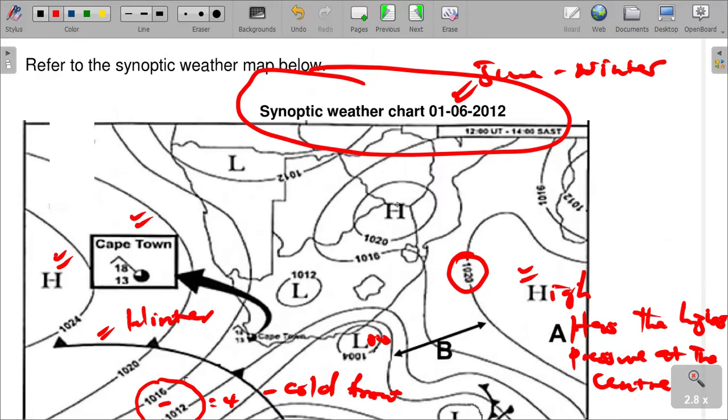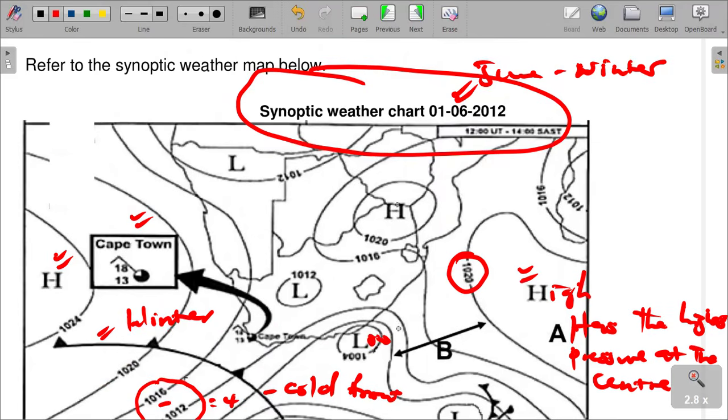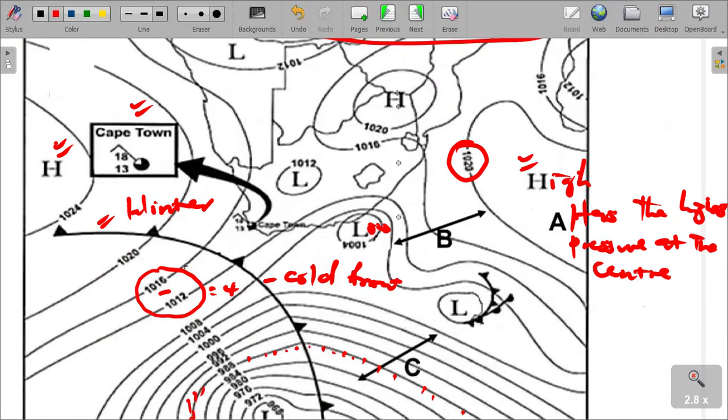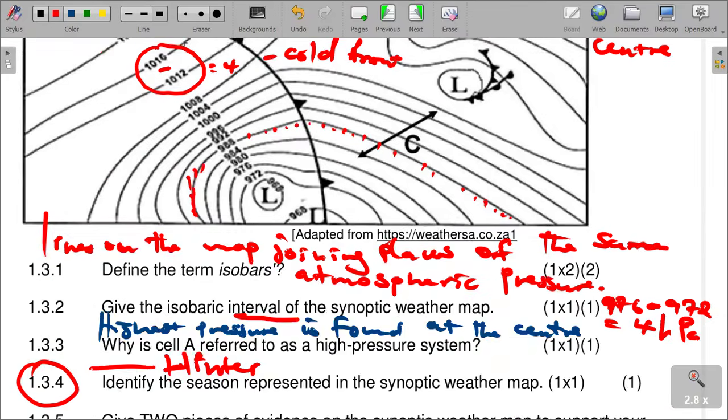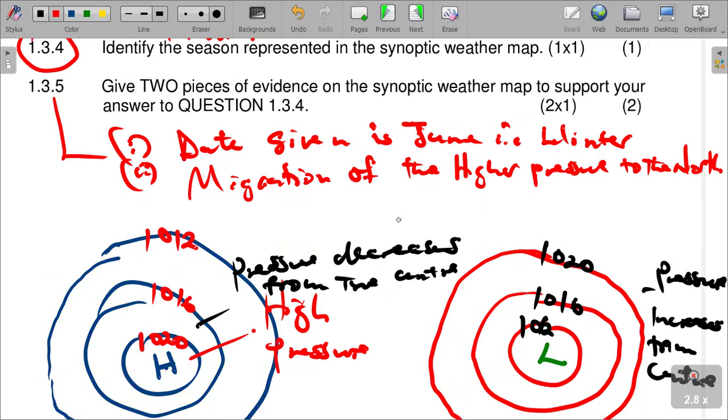It has gone up instead of being in the lowest region of the Southern African map. So the high pressure cell has migrated to the north, which represents that it is winter.